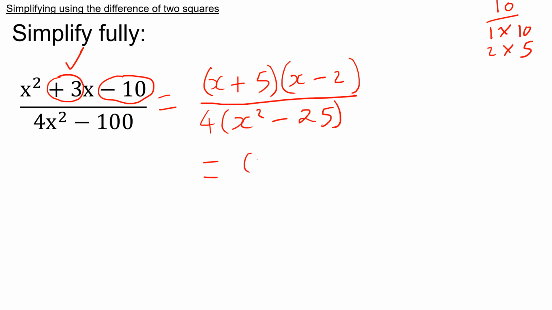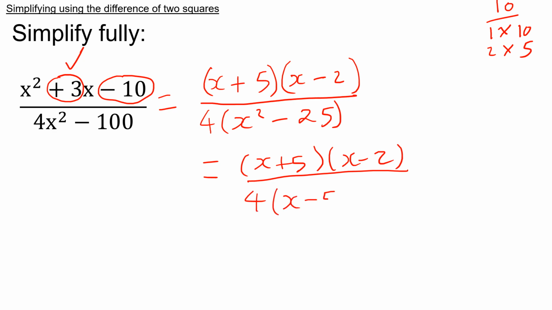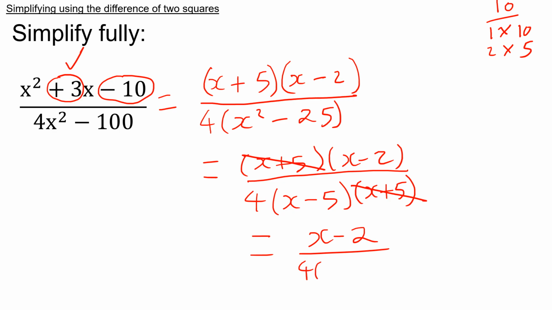I can then factorize using the difference of two squares, giving me x minus 5, x plus 5, and then notice that the x plus 5 factors will cancel out, giving me a final answer of x minus 2 over 4 bracket x minus 5.